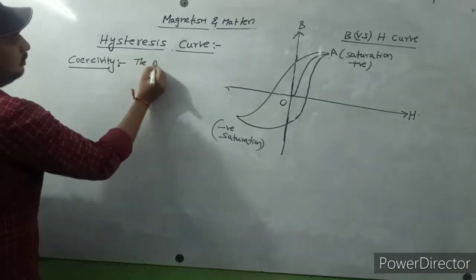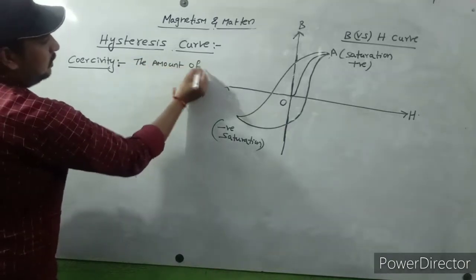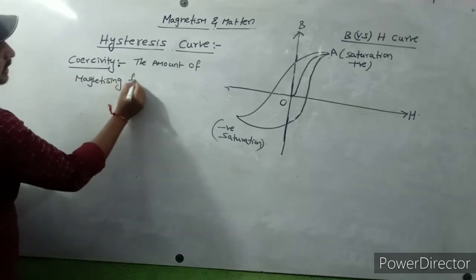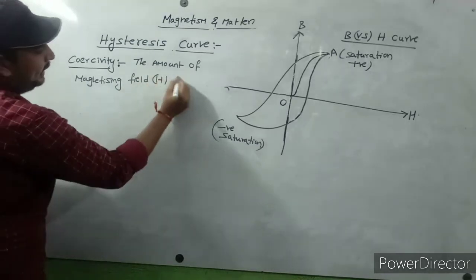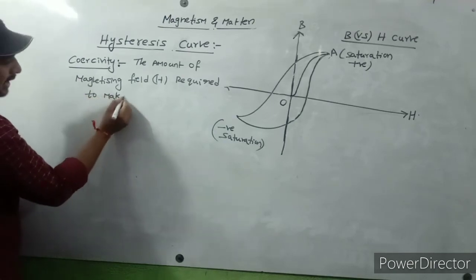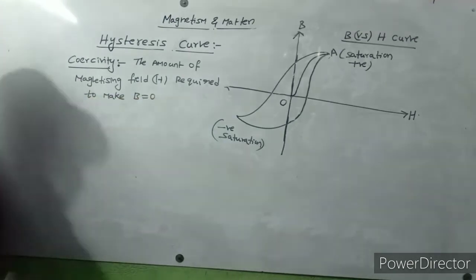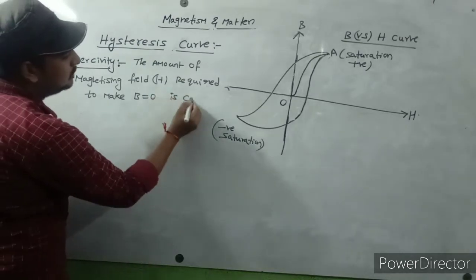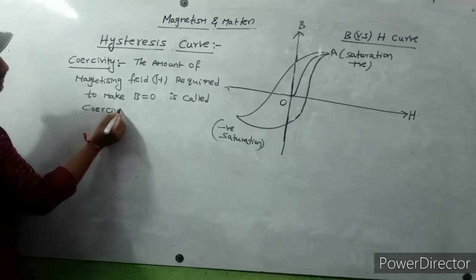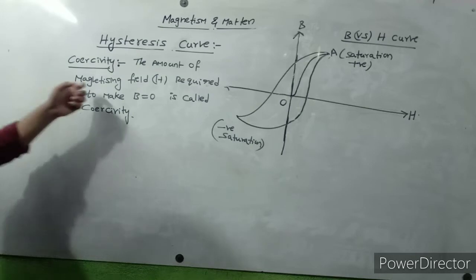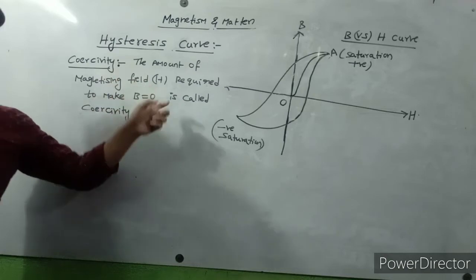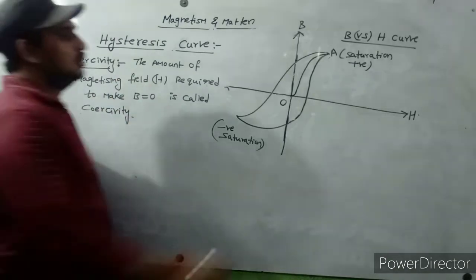The amount of magnetizing field H required to make B equal to 0 is called coercivity. The amount of magnetizing field H required to make magnetic field equal to 0 is called coercivity. So that is called coercivity.